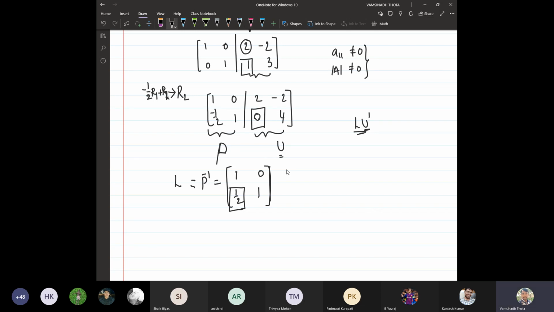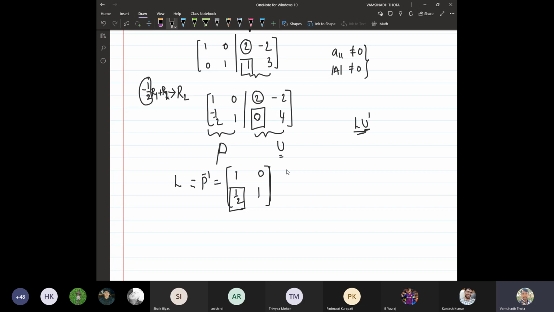To make this entry 0, we have multiplied with minus 1 by 2 of this element of this row. The multiple is minus 1 by 2. Whatever the multiple is, it appears with the opposite sign. The same technique also works for any order, not only for 2 by 2 order.